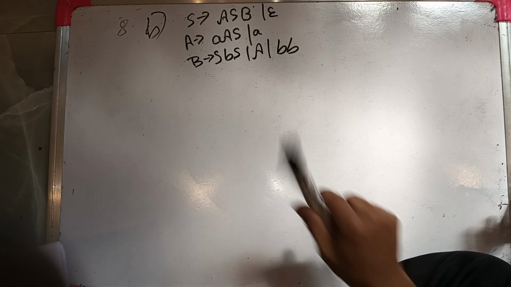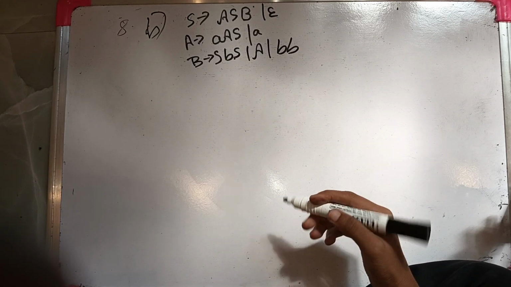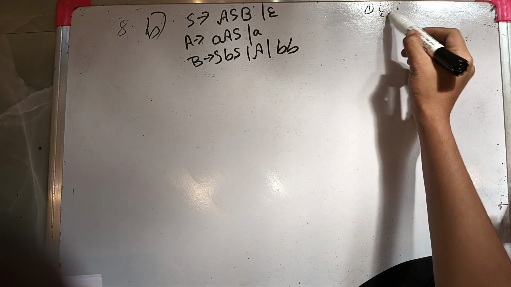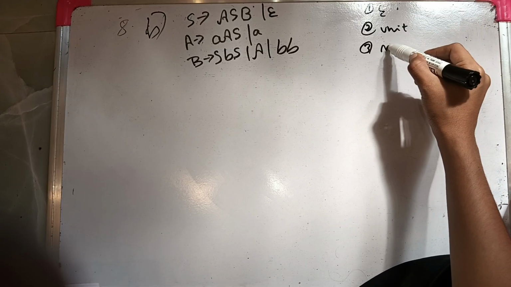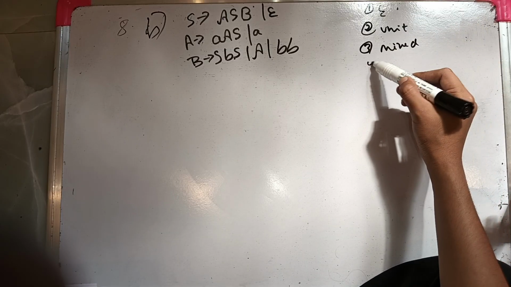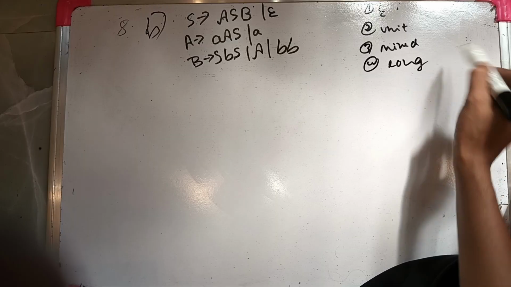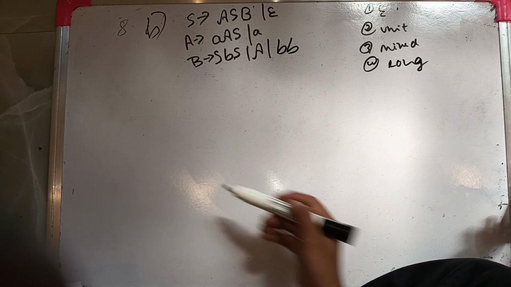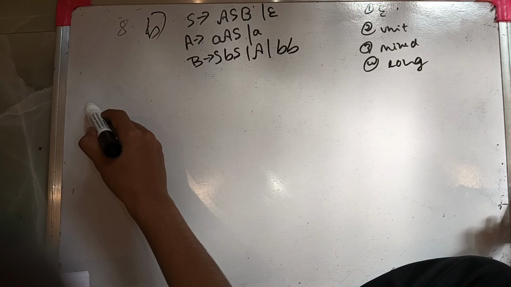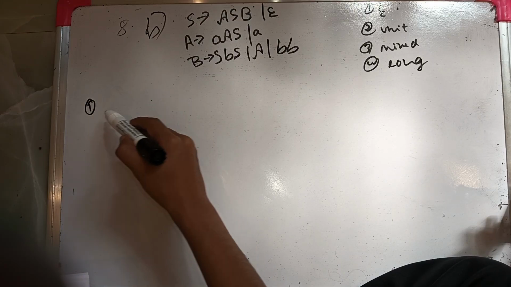8b question, convert this into CNF. To convert, first epsilon production, then remove the unit production, then remove the mixed production and long production. 4 steps we need to follow. In the first step, eliminate the null variable.